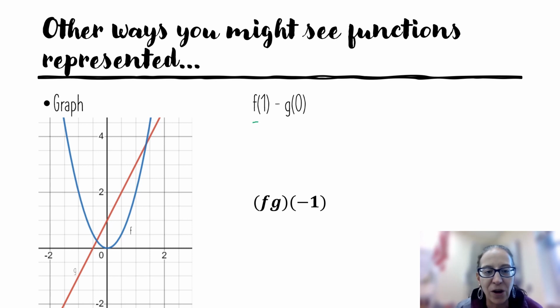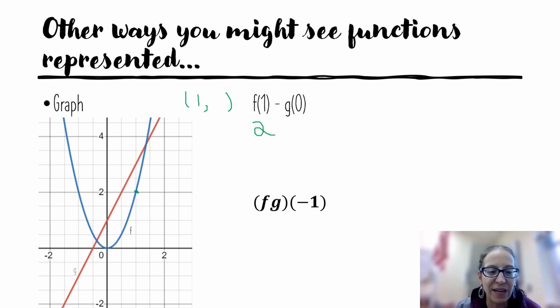So f of 1 is 2. Essentially, what you're doing is you're saying the x-coordinate of the point is 1. Find the y-coordinate that goes with it. F of 1 is going to represent the y-coordinate. So 1 is the x-coordinate, and then what's the y-coordinate? In that case, it's a 2 because it's right there.